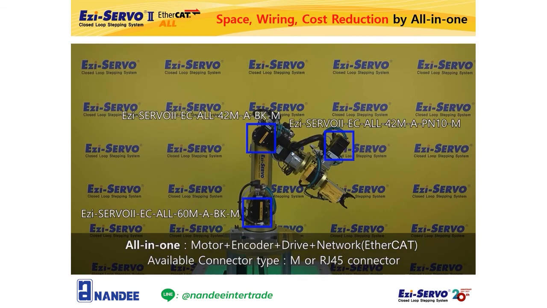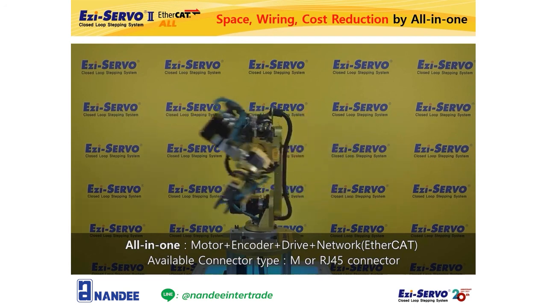There is no need to wire a motor and an encoder because Easy Servo 2 EtherCAT All, an all-in-one type product that combines a motor, a high-resolution encoder, a drive, and EtherCAT network, is applied to 5 out of 7 axes.